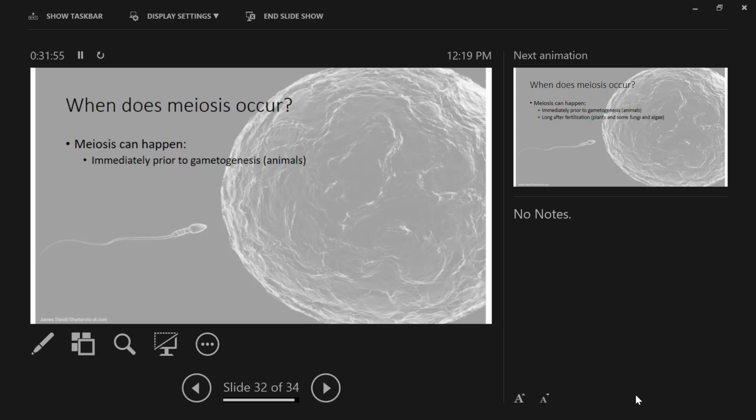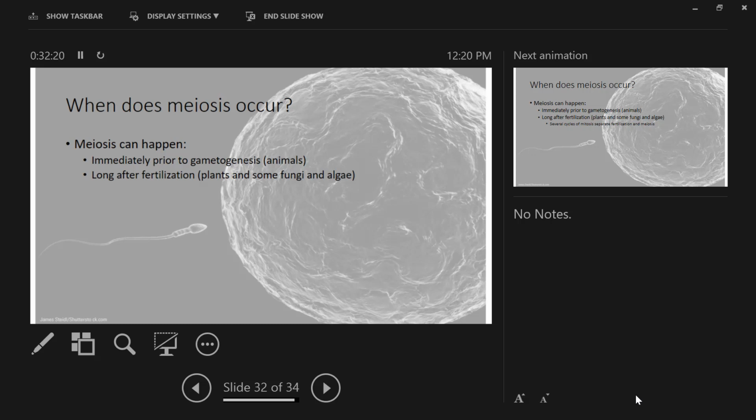In almost all animals, it happens in the process of making gametes. Prior to gametogenesis finishing. It is your mechanism of gametogenesis. So this is what happens in almost all of our animals: in order to even make gametes, you have to go through meiosis.